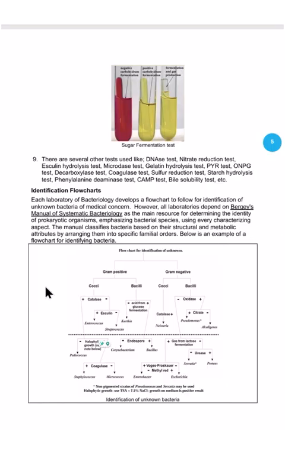Usually, the labs develop these flow charts from this manual just to help them process the samples at a faster rate, and it is a very guiding process because the manual has almost 5 very big volumes. By experiencing the process of identifying bacteria, you will be able to define a flow chart to follow in the lab so that you can identify the bacteria, especially the pathogenic bacteria that cause disease.